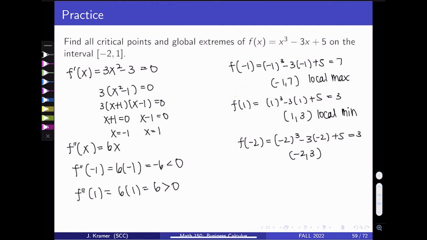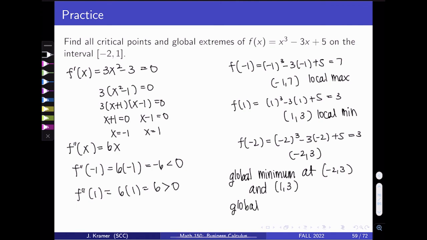And then at f of -2, it's at the same value, so there's a global minimum at -2, 3 as well. So we'll say global minimum at -2, 3 and 1, 3. And there's a global maximum at our local max because there's no other higher value over our closed interval.